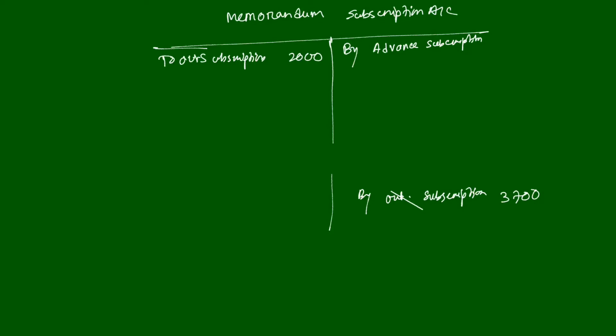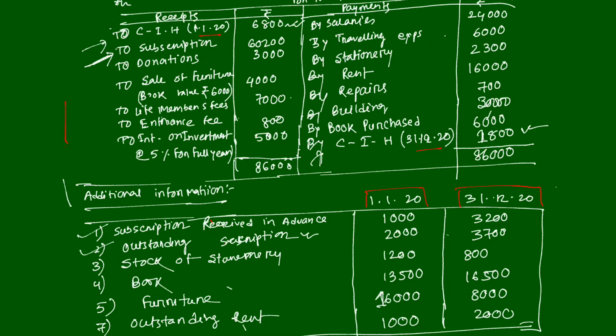To outstanding subscription, okay, the advance subscription value is 1000, and to advance subscription, the value is 3200. We already completed those things.